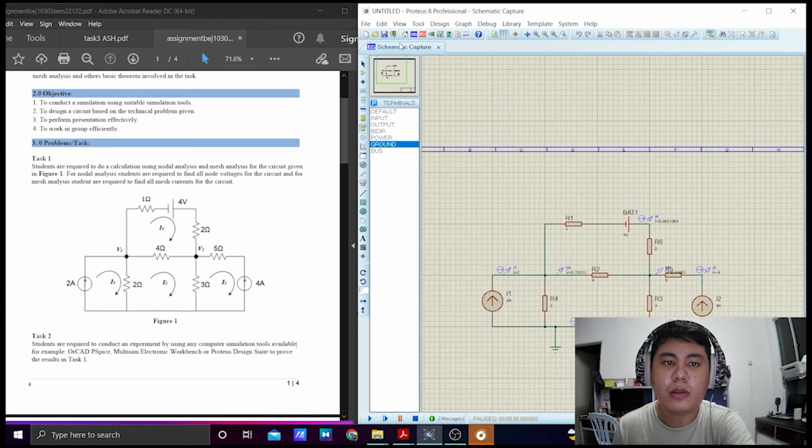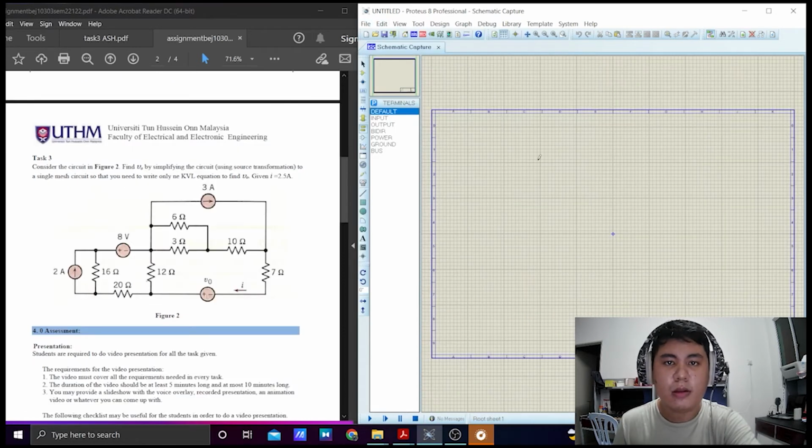Next, for task 3. As usual, we must arrange the components as the question instructed us.